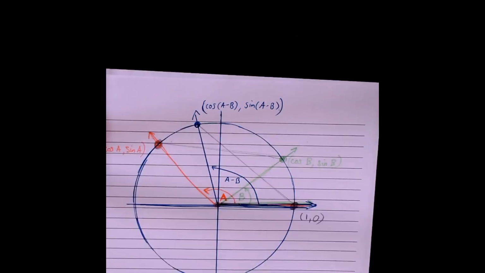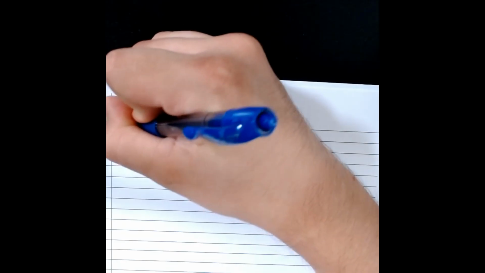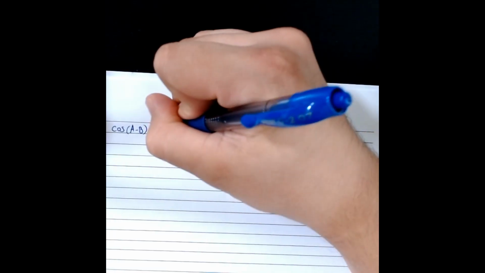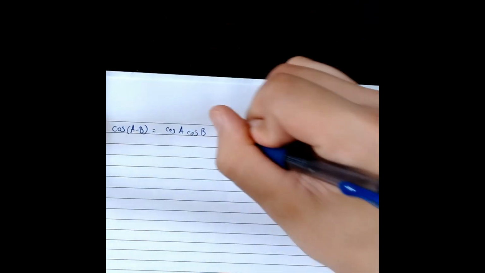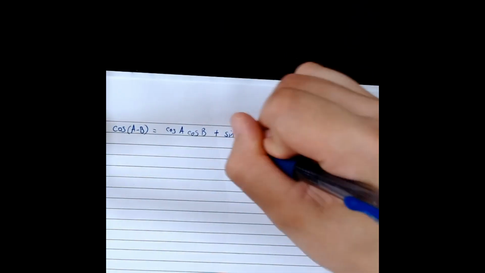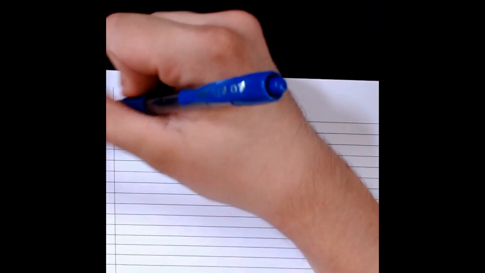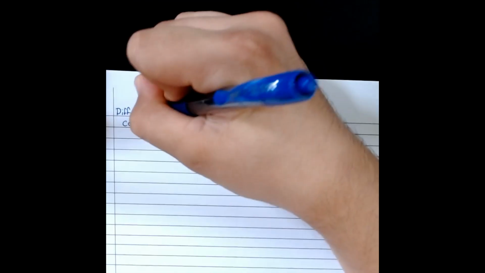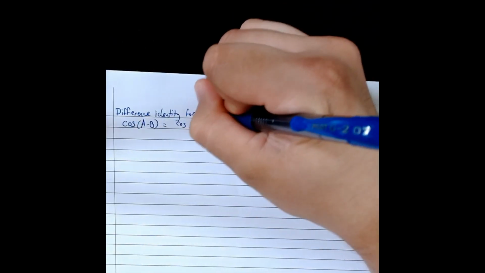All right, so let's take a look at that. Let's go ahead and copy that down over here. I'm just going to rewrite my result, what I got at the end of that development. The cosine of A minus B is equal to the cosine of A times the cosine of B plus the sine of A times the sine of B. All right, and again, this is called the difference identity for cosine.